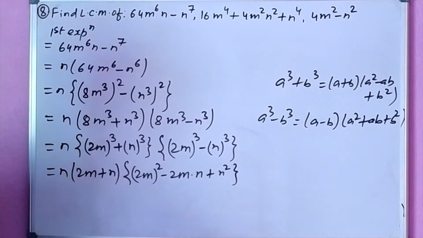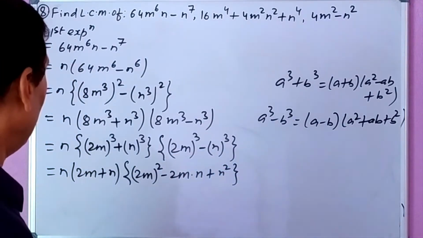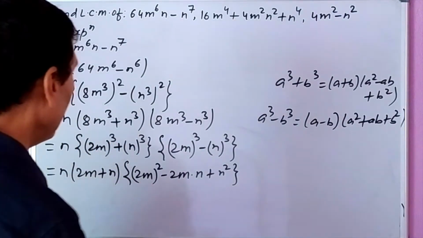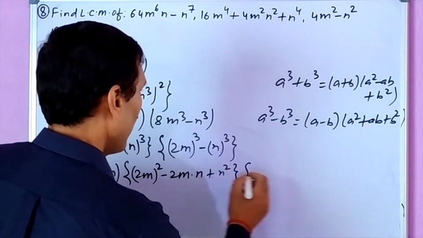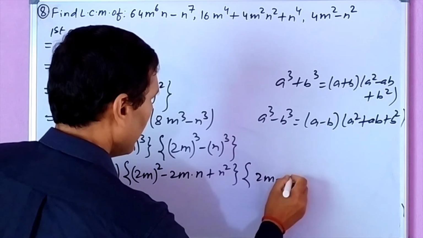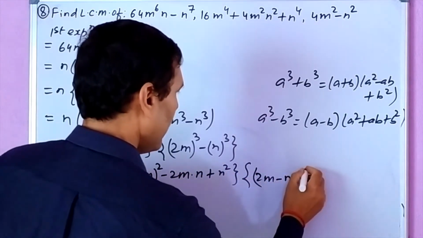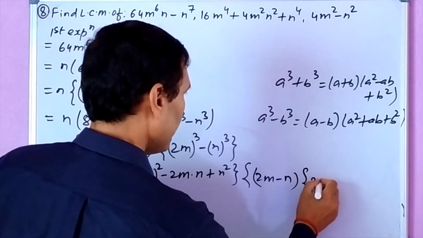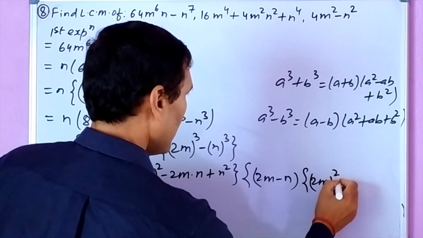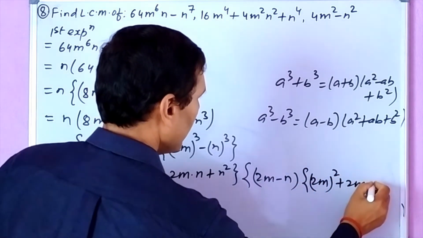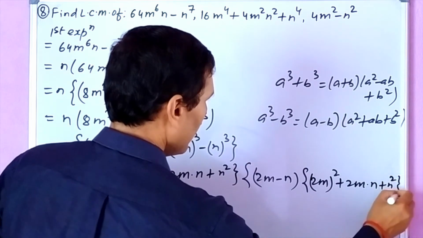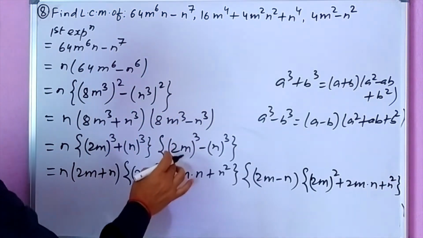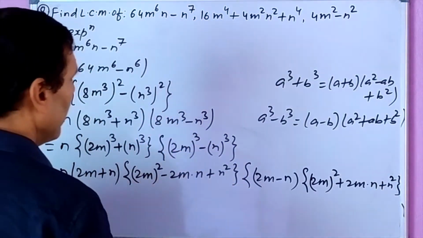These are the factors of this a cube plus b cube, and similarly 2m minus n, a minus b, a square plus ab, 2m into n, plus b square is n square. Factors of the expression is 2m whole cube minus n cube.